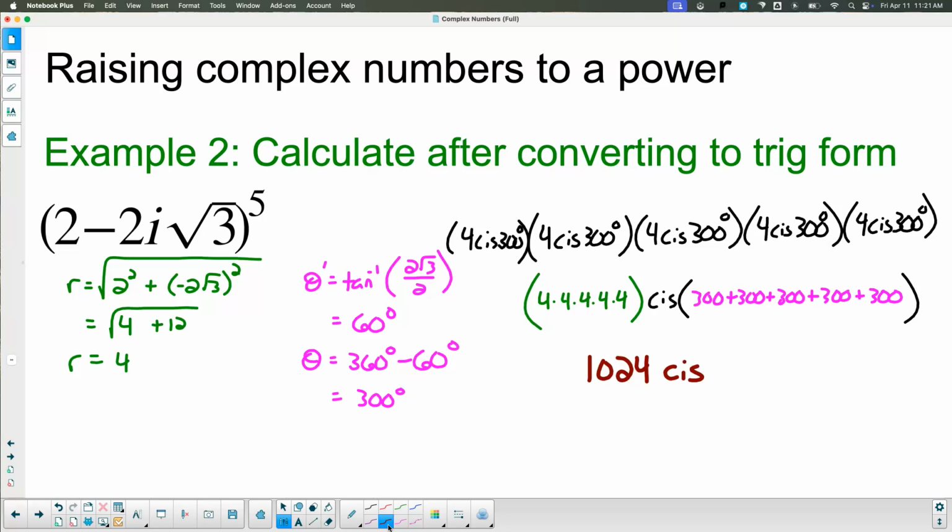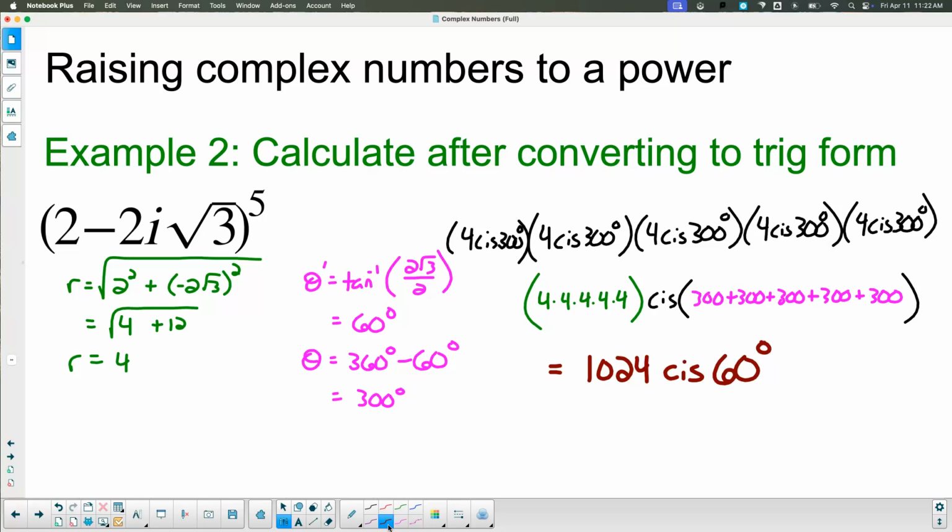Minus 360 gets me 420. Minus 360 gets me 60, right? Okay. So that would be the trig form of that complex number.